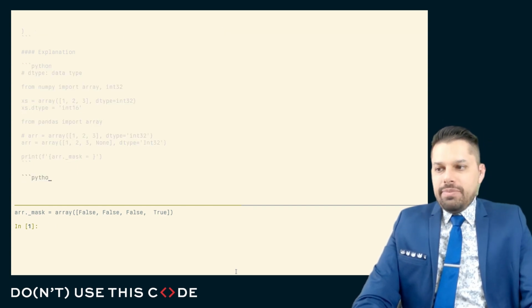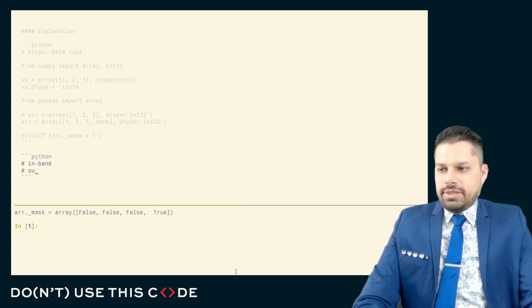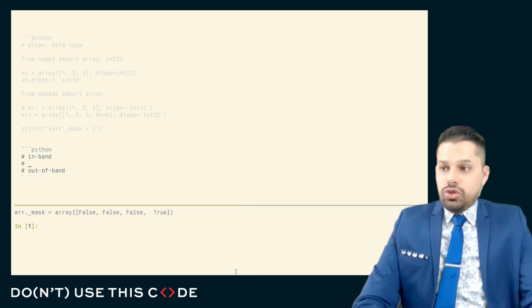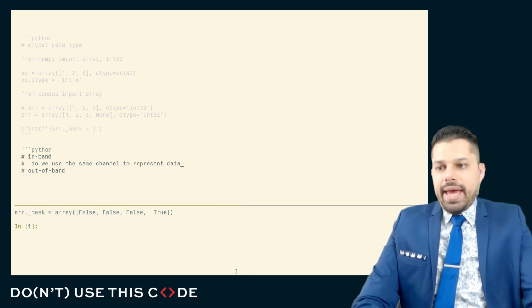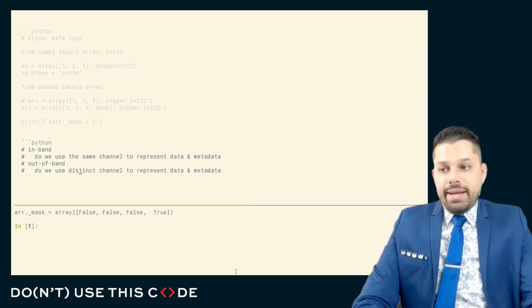Whenever we talk about in-band versus out-of-band encodings, and we've talked about this before in many other contexts, what we're really talking about is, do we use the same channel to represent data and metadata? And when we talk about out-of-band, we're talking about, do we use distinct channels to represent data and metadata?